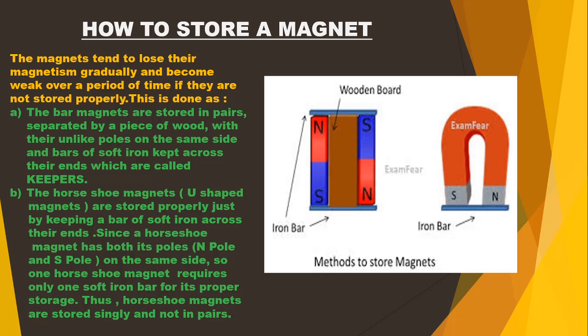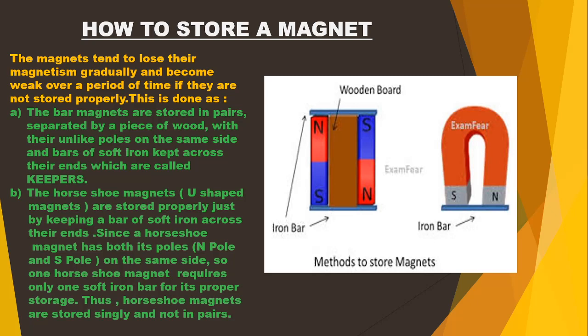They should be kept in such a manner that unlike poles are on the same side, and bars of soft iron are kept across their ends, which are called keepers. So from here we can see the method by which two bar magnets are stored, with a wooden board and an iron bar, facing two unlike poles in one direction.